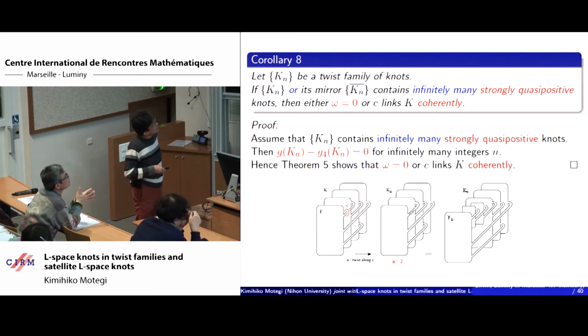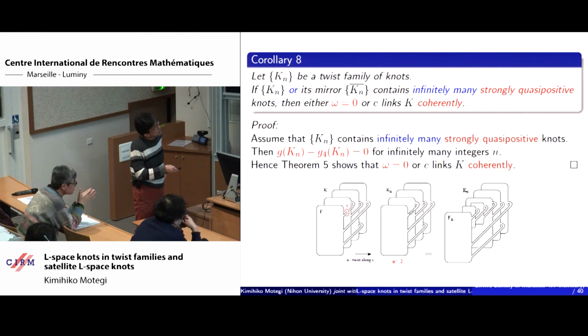So let F be a positive Seifert surface together with a strongly positive knot K as its boundary. And take a trivial knot C here as a small almost meridian of the band. For any negative twist, here we take n equals -2, we obtain this picture.